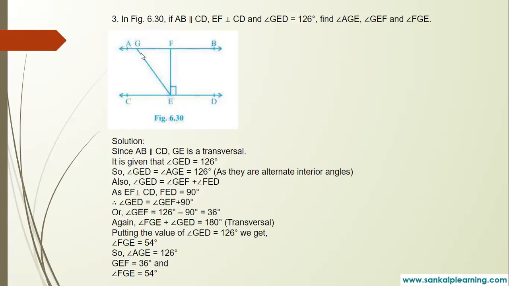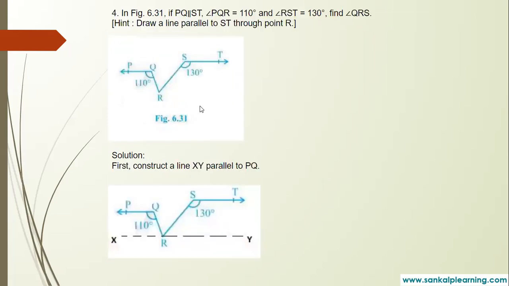FGE, so alternate angle, this is 126, so it is also 126, right? GEF we found out, 126 minus that is 36. FGE, here 126 came, we used linear pair.